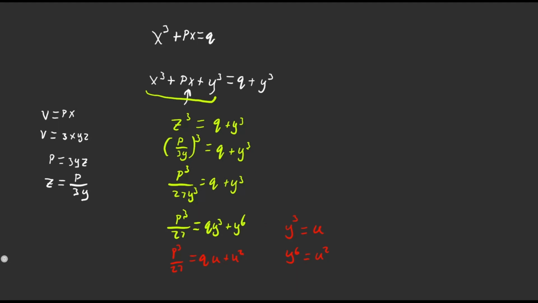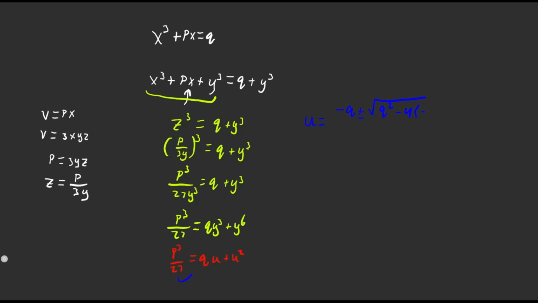So let's go ahead and erase the substitution, and we'll go ahead and solve for u, where we will get u is equal to minus q plus or minus the square root of q squared minus 4 times negative.